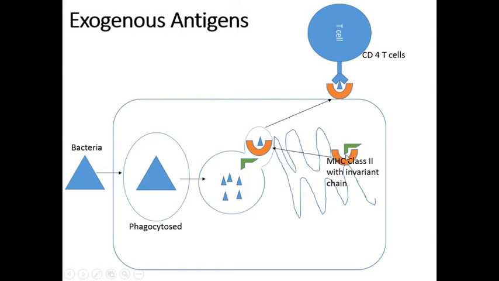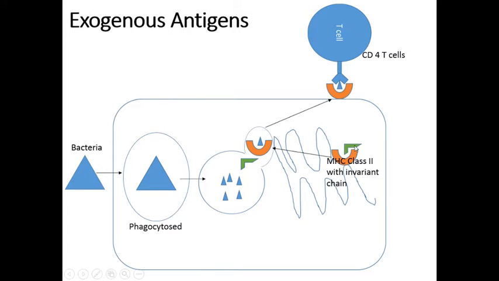This invariant chain is bound to the variable region, and that protects it from binding any self antigens. So the invariant chain, this green here, protects from binding of self antigens.